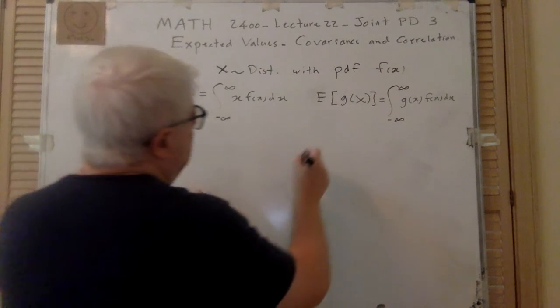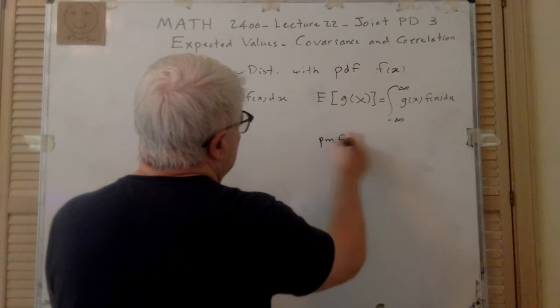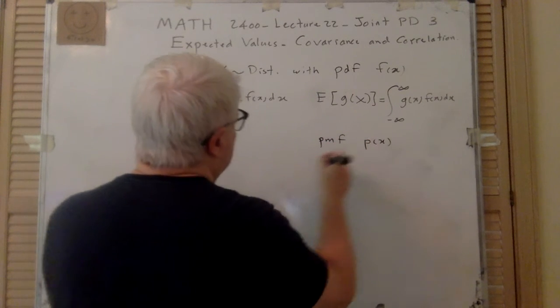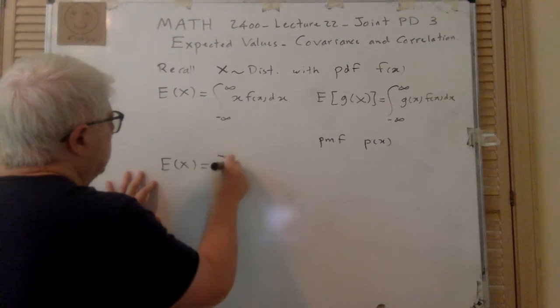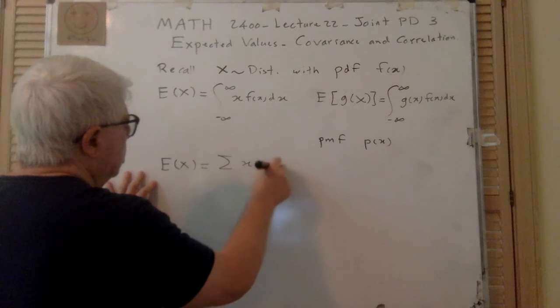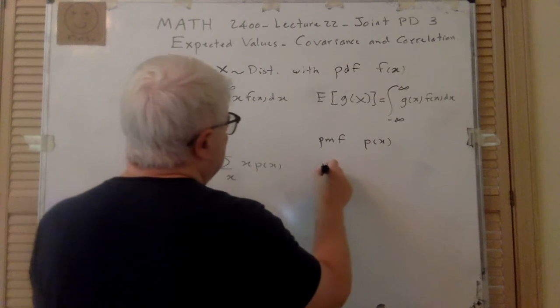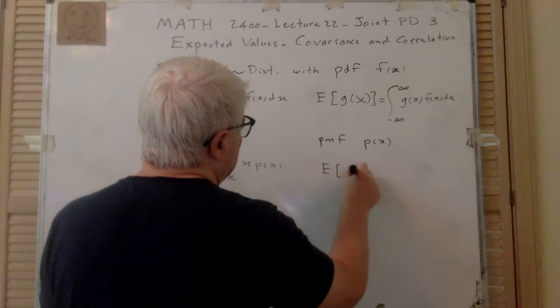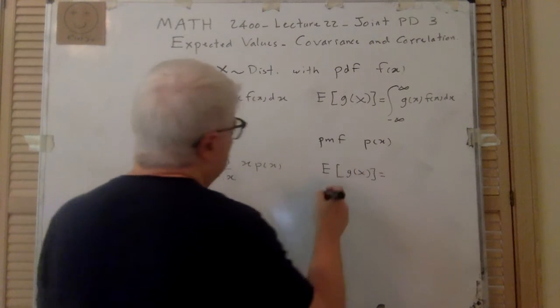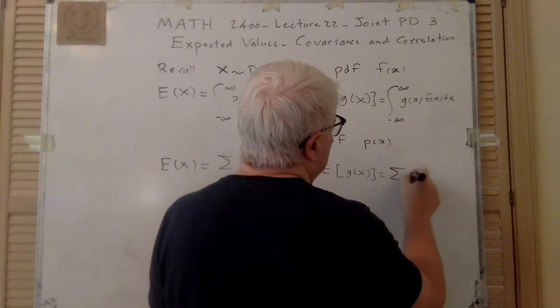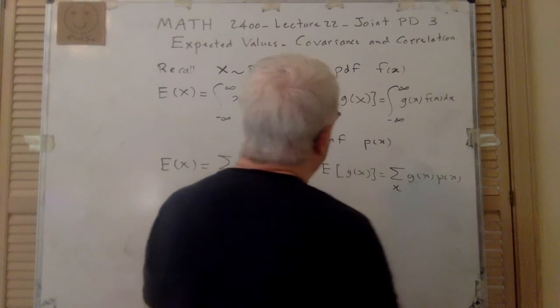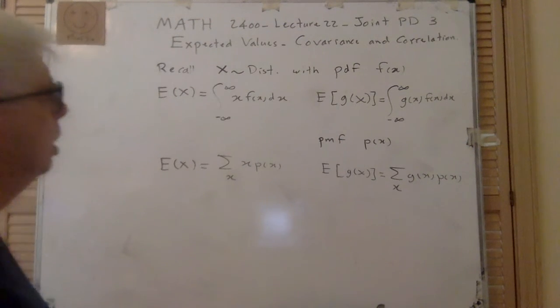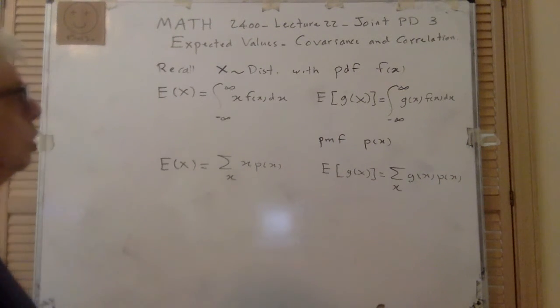And if we have the PMF p(x), then this will be the sum of x p(x) over all x, and this will be the sum of g(x) p(x) over x.